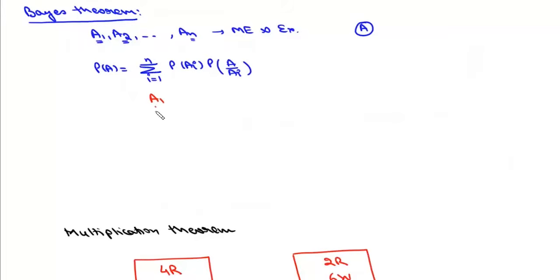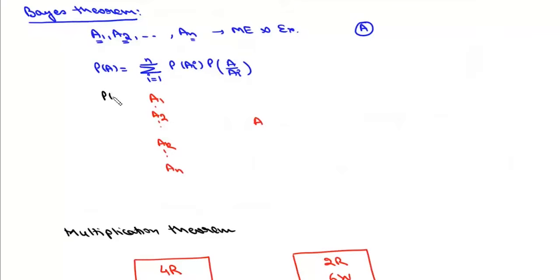So in this case we have n events A1, A2, AK and AN which are mutually exclusive and exhaustive, and then we have this event A which can happen with either A1 or A2 or AK or AN.